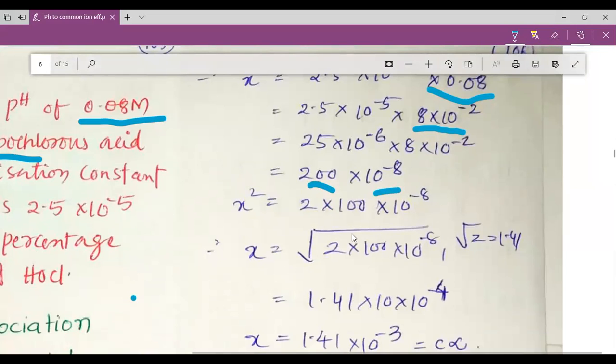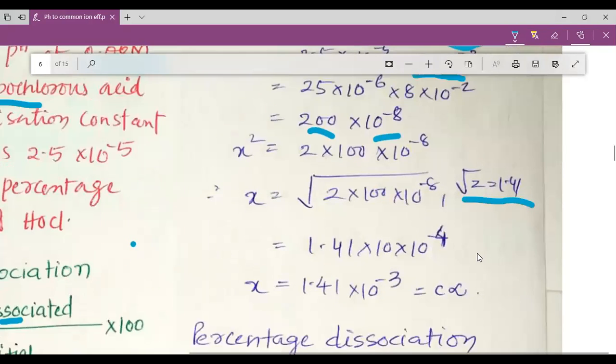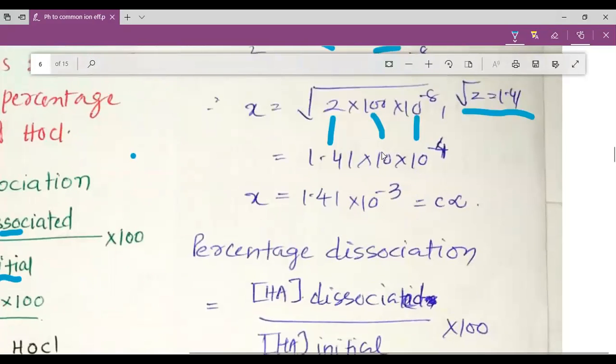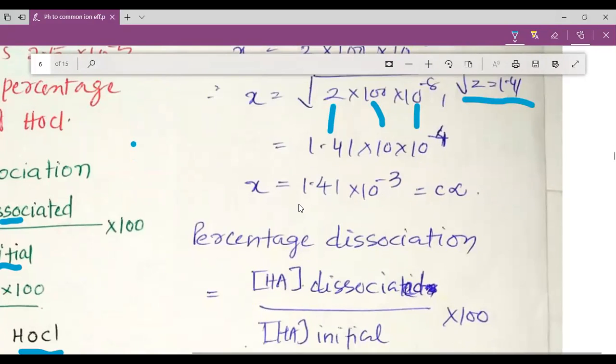So x is equal to square root of 2 into 100 multiplied by 10 to the power minus 8. We know that square root of 2 is equal to 1.41. Square root of 100 is 10, and square root of 10 to the power minus 8 is 10 to the power minus 4. So x is equal to 1.41 multiplied by 10 into 10 to the power minus 4, which gives us 10 to the power minus 3. This is what your C alpha is.